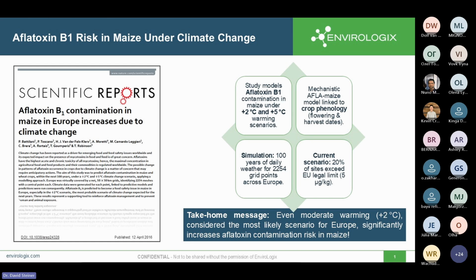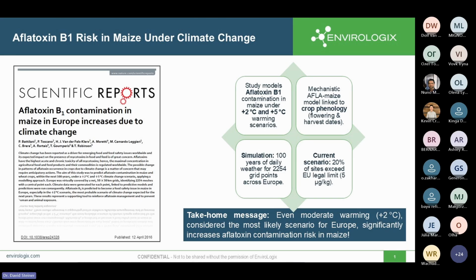Traditionally, aflatoxins were only a concern in very dry and hot tropical and subtropical regions, but risk areas are now shifting northward. A key study in this field, conducted by Paola Battilani and colleagues from Italy, used, for example, a mechanistic AFLA-maize model and linked it to crop flowering and harvest dates, simulating 100 years of daily weather at over 2,000 sites across Europe.